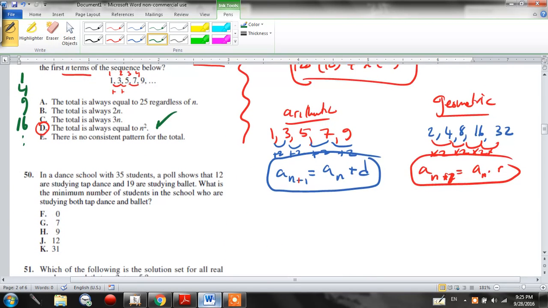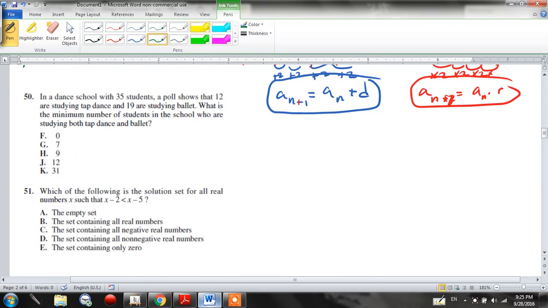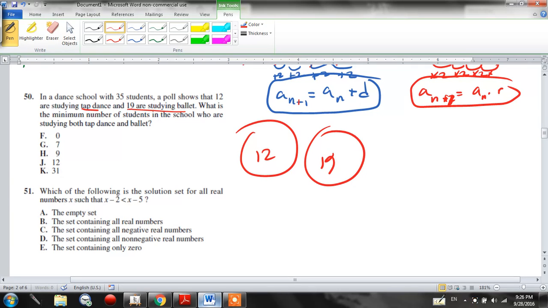Alright, question number 15. In a dance school with 35 students, a poll shows that 12 are studying tap dance and 19 are studying ballet. What is the minimum number of students in the school who are studying both tap dance and ballet? So 12 students are studying tap dance, and 19 of them are studying ballet.